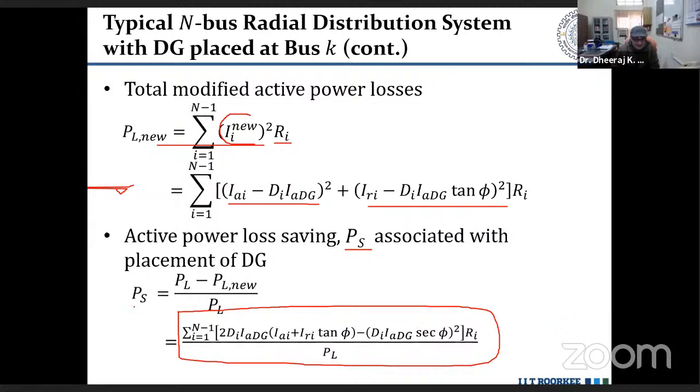Here the power loss saving is related to the current of DG, branch current, active component, reactive component, and power factor of DG. By using this expression, we can compute the loss saving, provided we know the active component of the DG current.